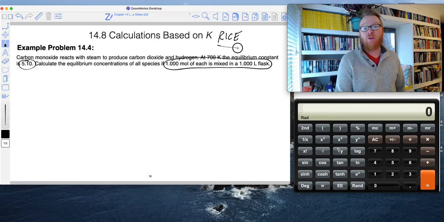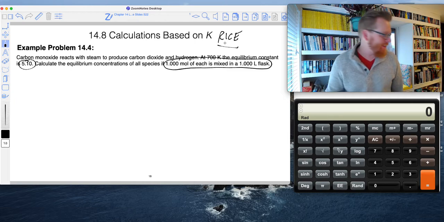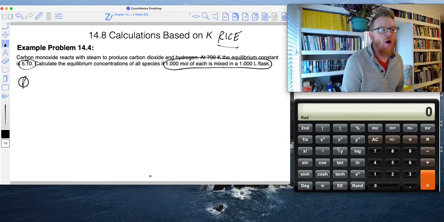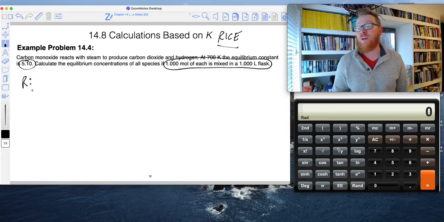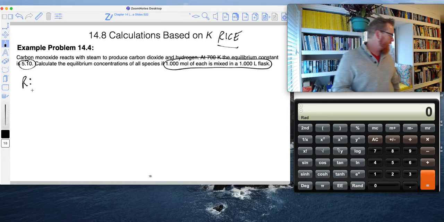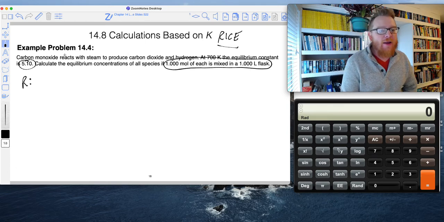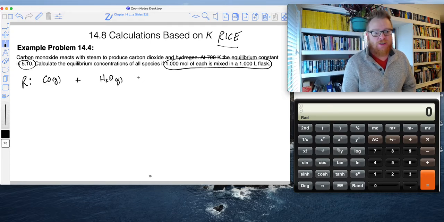And so now let's follow this procedure of making a Rice table. The R stands for reaction. So the first thing we have to get is a reaction. This says carbon monoxide reacts. So that's CO, and that's a gas, reacts with steam, so that's H2O gas, to produce, in equilibrium, carbon dioxide, CO2, a gas, and hydrogen.